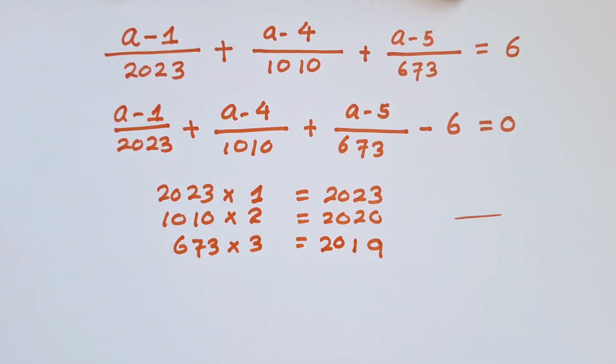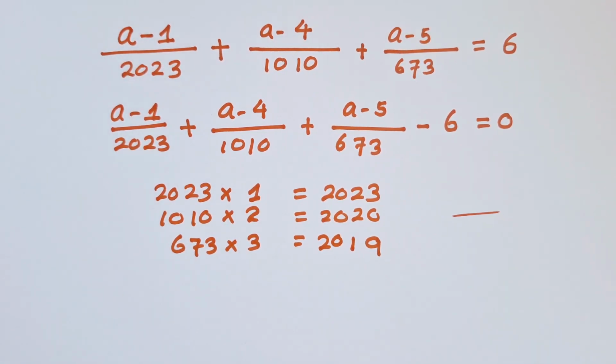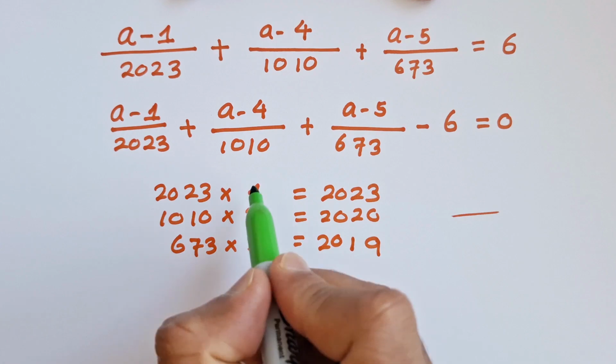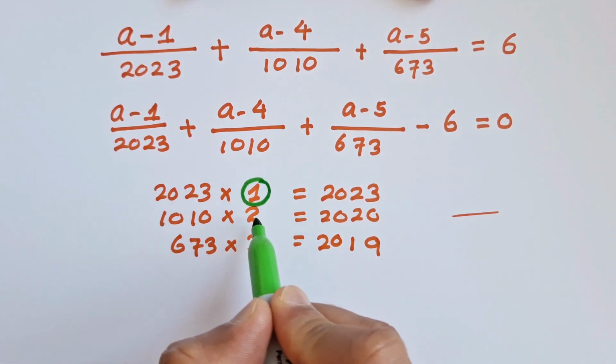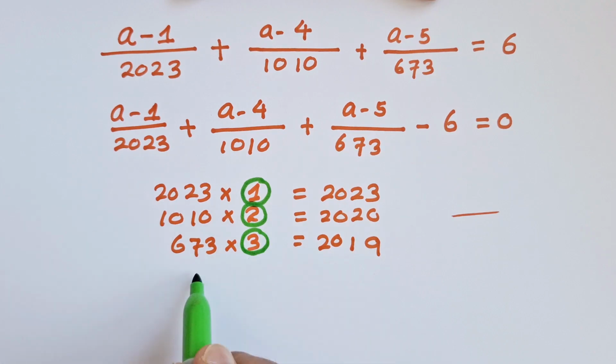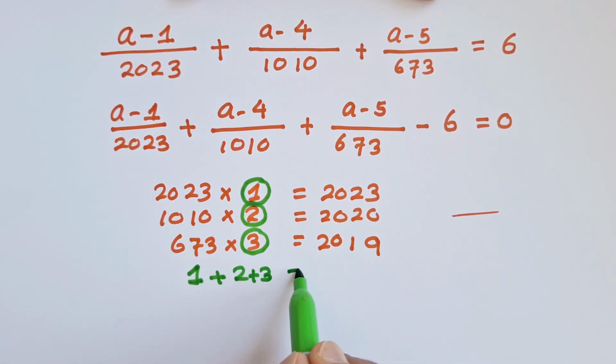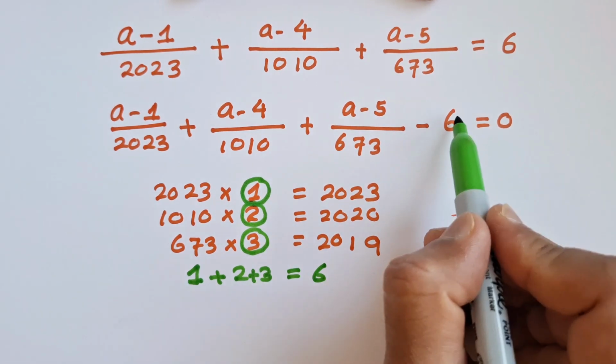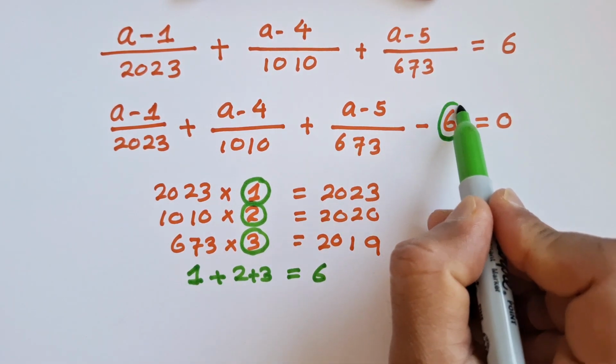Now you can see that those numbers are close to each other. And those multipliers 1, 2, and 3, if you add them, 1 plus 2 plus 3 is equal to 6. Brilliant. Now you have unlocked the trick to solve this math problem.